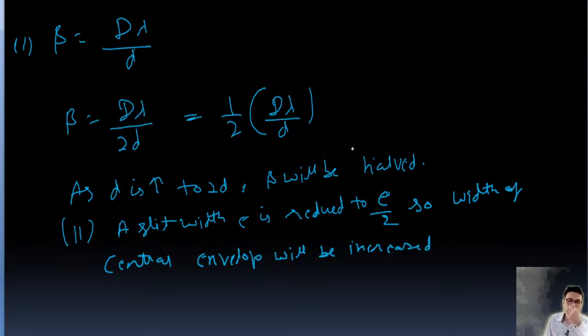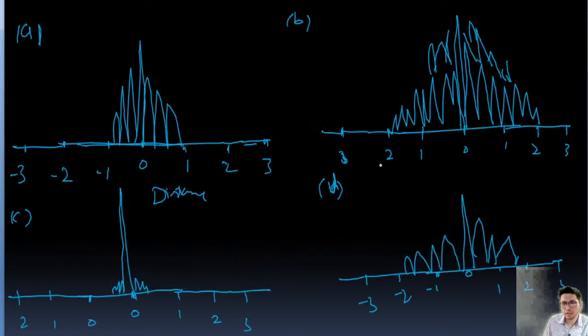So first is beta. If we double the separation between the slits, then beta is going to be half. And if the slit width E is reduced to E by 2, if you make the slit width half, then the width of the central envelope is going to be increased. So from here, this graph is the correct one, because you can see the central envelope.